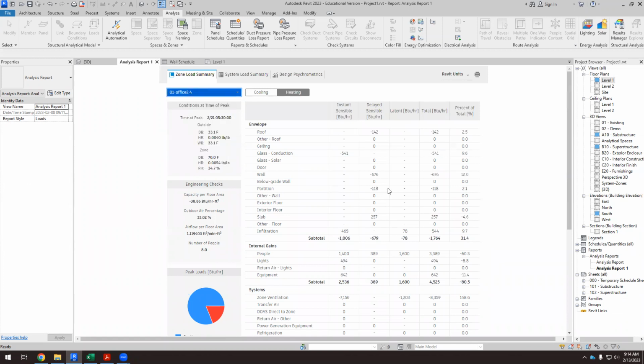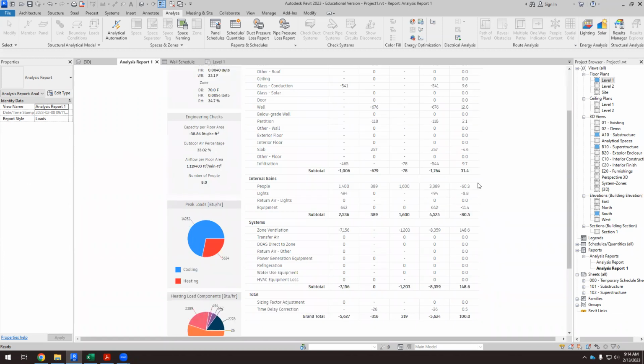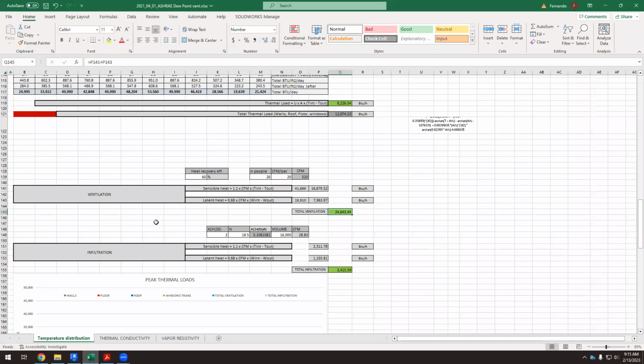And in that space is 1,700. How much is this? So okay, so it's around 6,600 BTUs per infiltration. So what do we have here in infiltration?